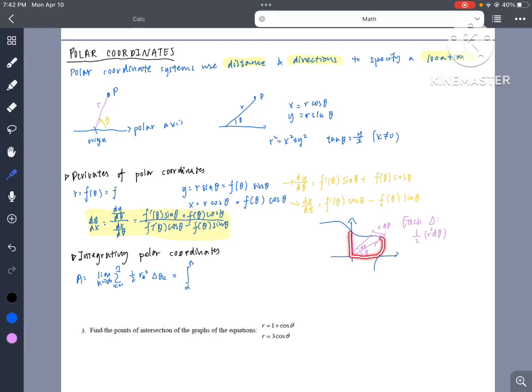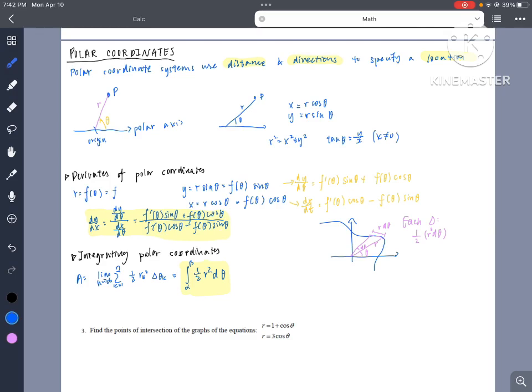Let's say if we are trying to find the area of this region, then this one will be the initial angle alpha and this will be the final angle beta. So 1 over 2 r squared d theta will be the area.